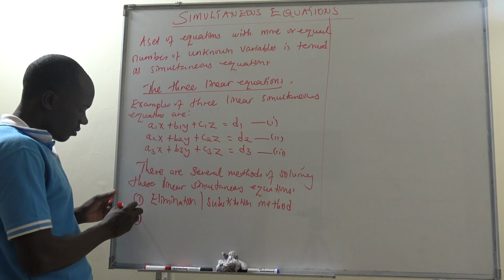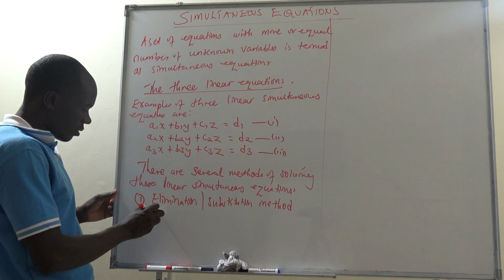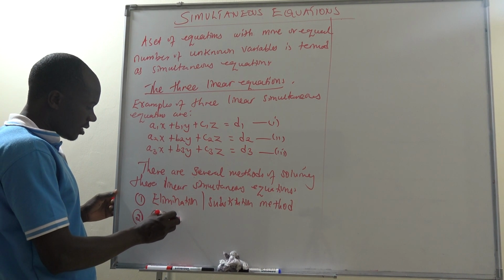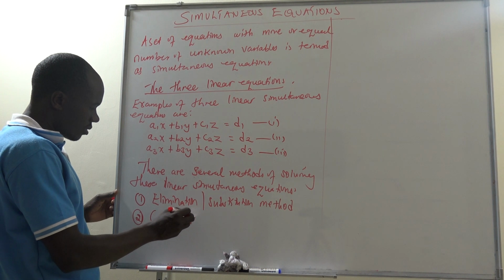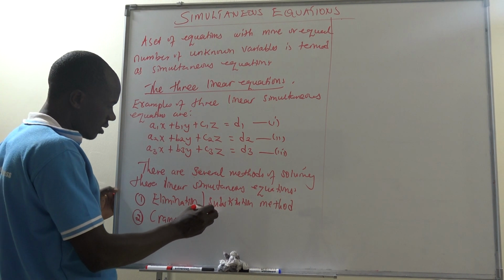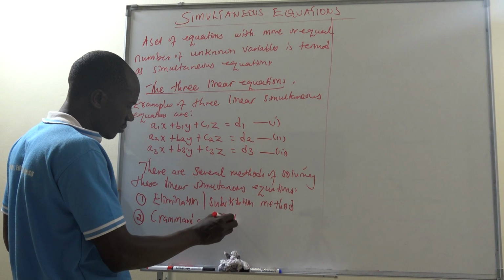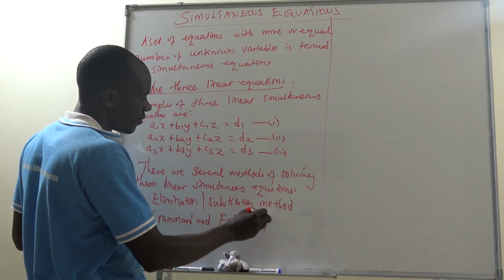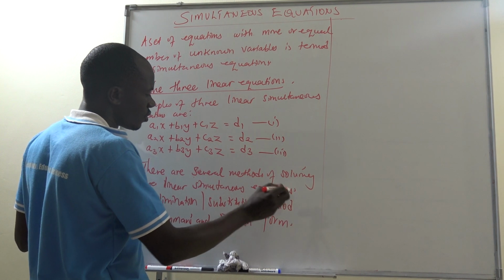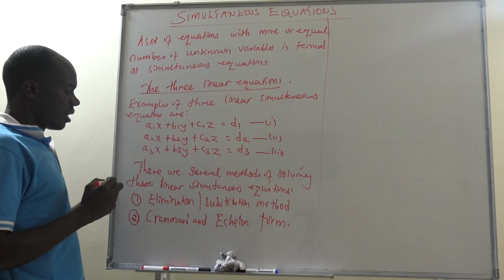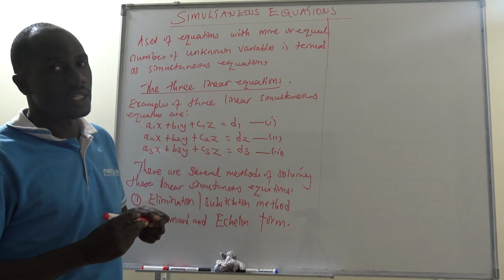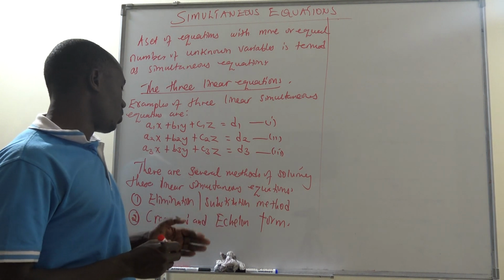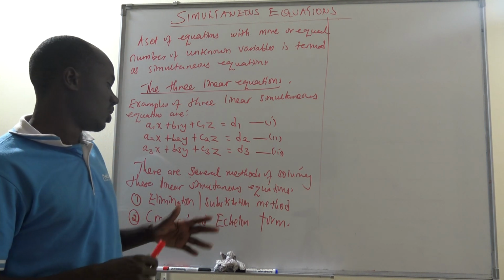Number two, we shall use Cramer's and echelon form. So we are going to choose the elimination stroke substitution method, and also Cramer's and echelon form.